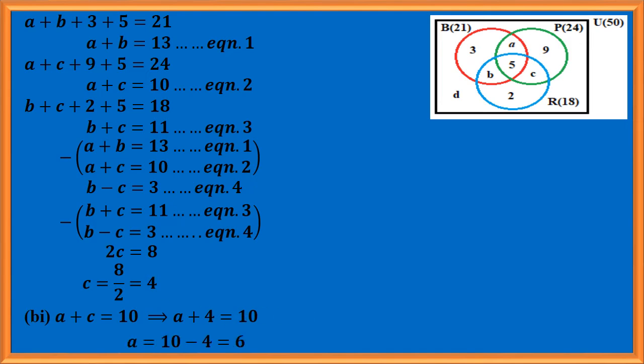A will be equal to 6. 10 minus 4 gives us 6, so A will be equal to 6. So we can therefore conclude that 6 officers chose plantain and beans only.